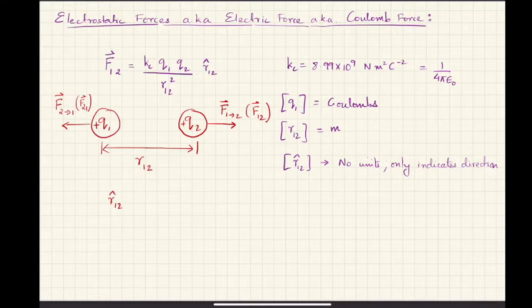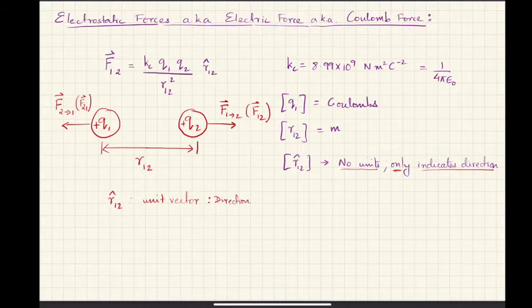It is called the unit vector. So what does R12 hat indicate? It has no units, and it only indicates direction.